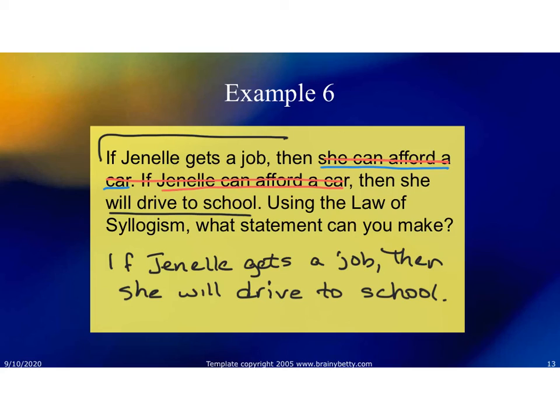So you take away the conclusion of the first conditional and the hypothesis of the second conditional and just leave the beginning and the end. So that overlap cancels out.